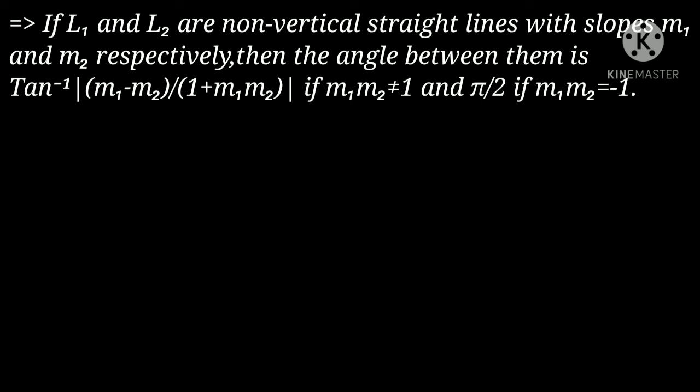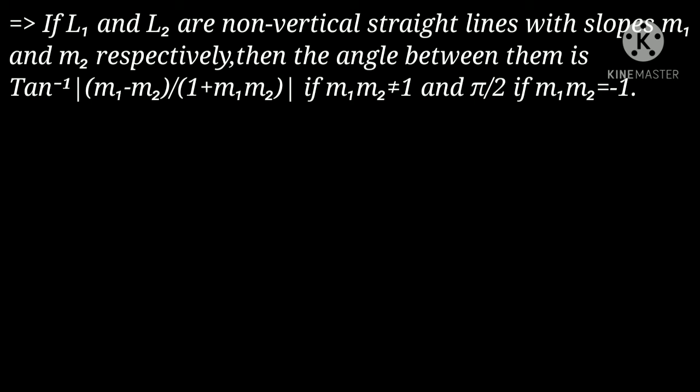That means for non-vertical straight lines L1 and L2 having slopes m1, m2 with product equal to -1, the angle is 90 degrees. If the product m1 m2 is not equal to -1, then the angle is tan inverse of (m1 - m2) by (1 + m1 m2).